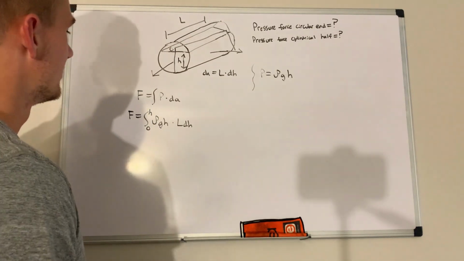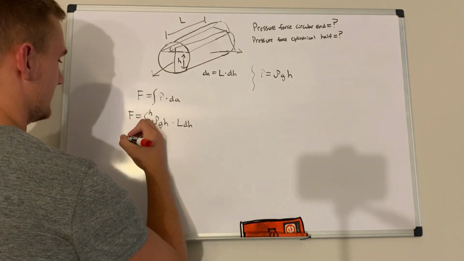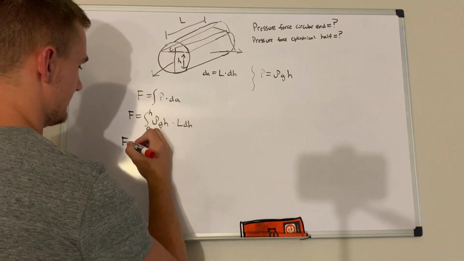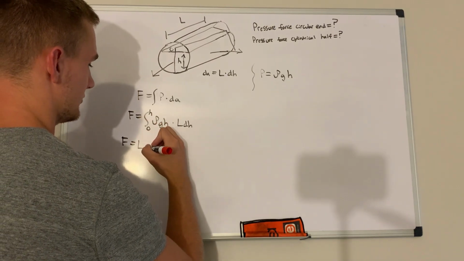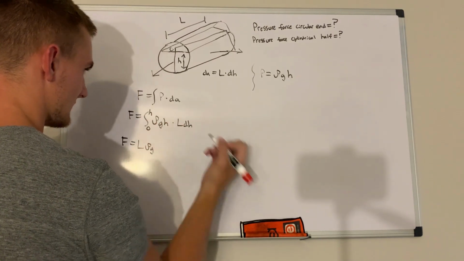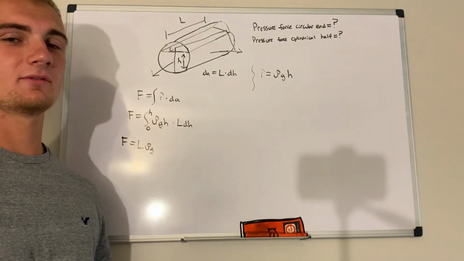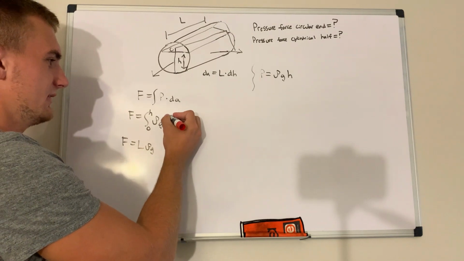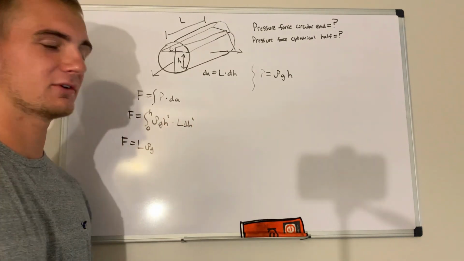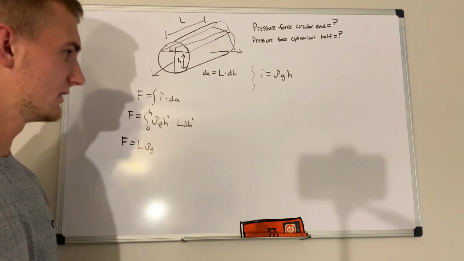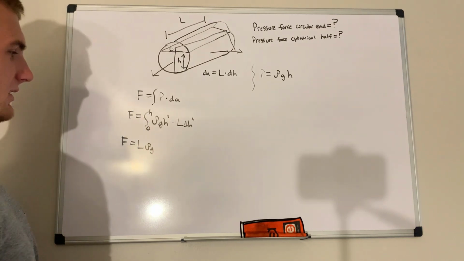Integrating this, we end up with F equals L rho g. Because we have H as one of our limits of integration, we should make these now dummy variables of integration so that we don't get them confused, because they are definitely not the same.